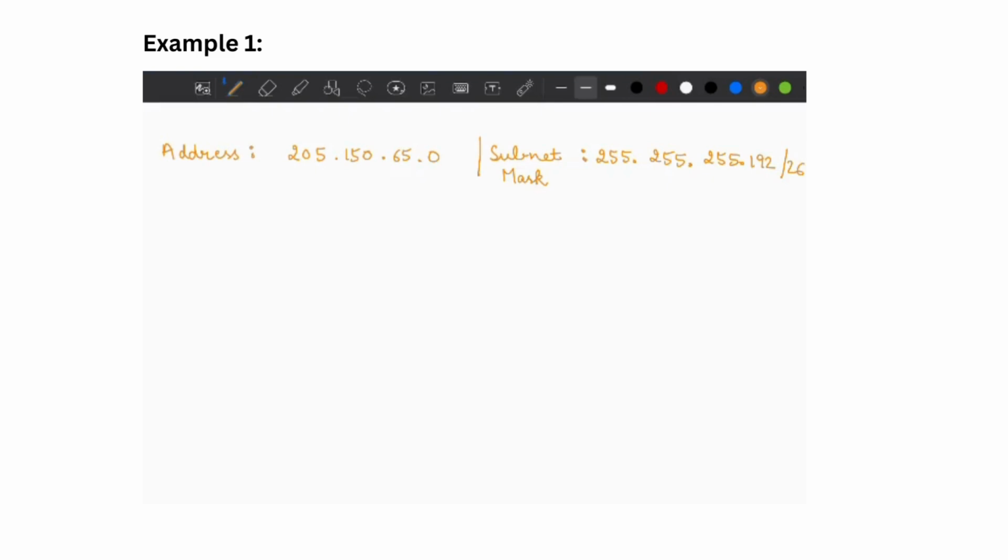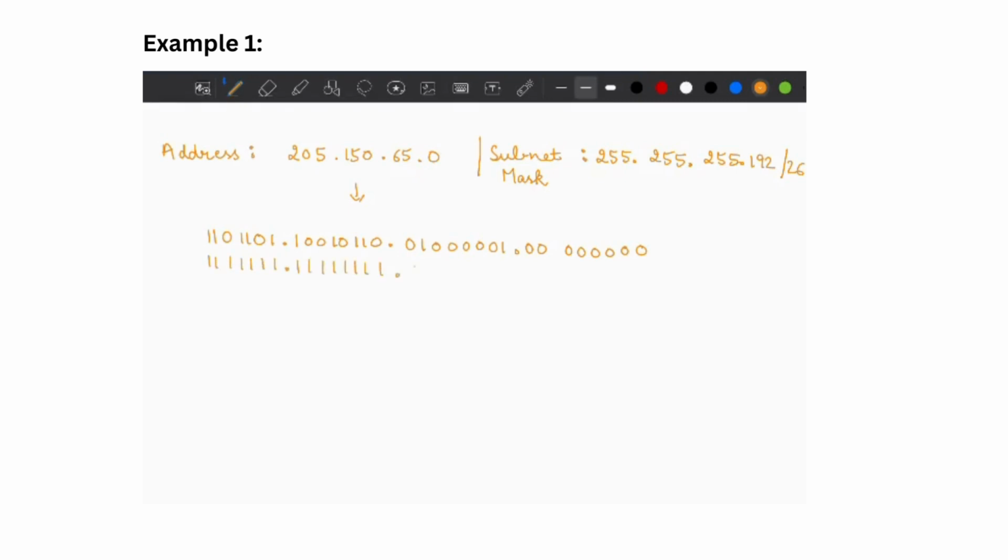The address in binary form will be as follows. These 2 bits are written separately because we borrowed them from the host bits, and now they are part of the network bits. To avoid confusion, I'm writing it like this.